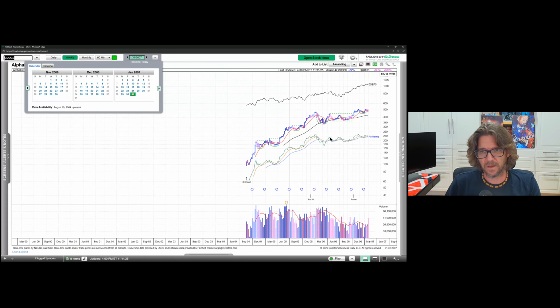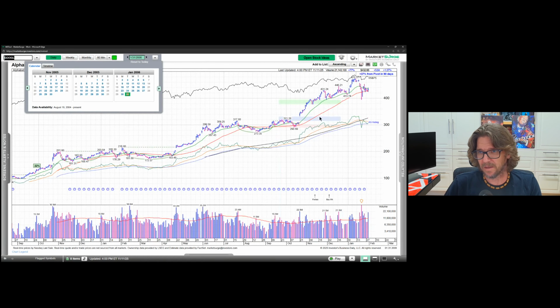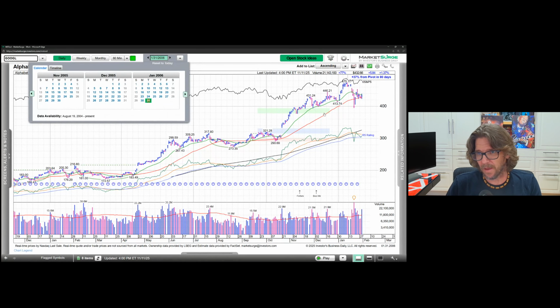And so we're going to look at Google over here as it's forming this ascending base in 2006. And let's look at this. So it was forming, the pattern recognition isn't picking it up, but let's go over to this day, because I remember trading it during this time and then realizing that, okay, it was forming an ascending base.